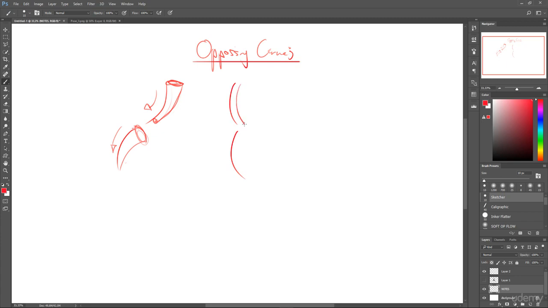It stops here, and the energy has to start again, like a pause in the energy flow. It's like boom, pause, and then it has to start again, boom, and it loses its flow. You can see the difference when we have something like this. The energy just keeps going when we have opposing curves happening.